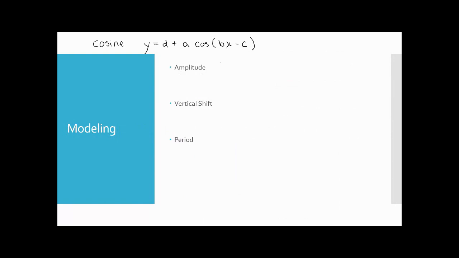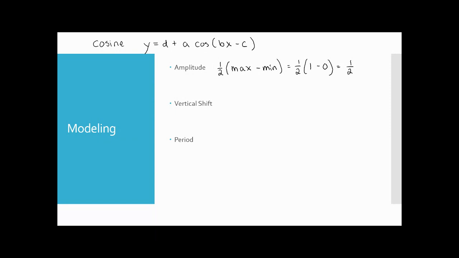So our amplitude is 1/2 the distance between the max and the min. So it's max minus min divided by 2. That's 1 minus 0 for our max minus min, divided by 2. So our amplitude is 1/2.